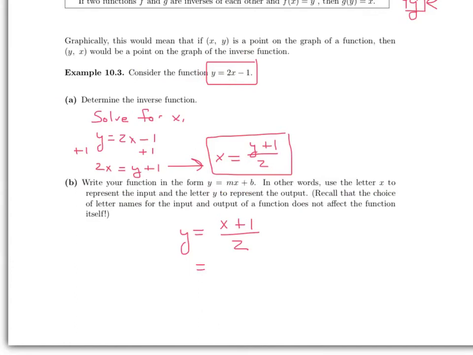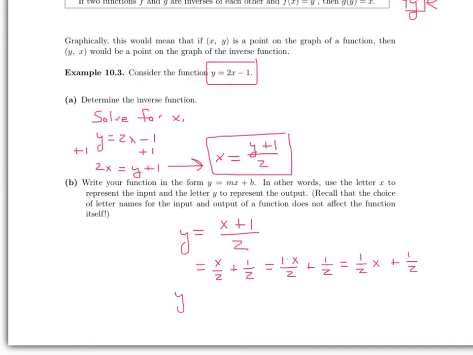The right-hand side is one large fraction, which we can split into two smaller fractions. And we can rewrite the first fraction as 1 times x over 2, plus a half, and the first fraction then can also be written as 1/2 x plus a half.